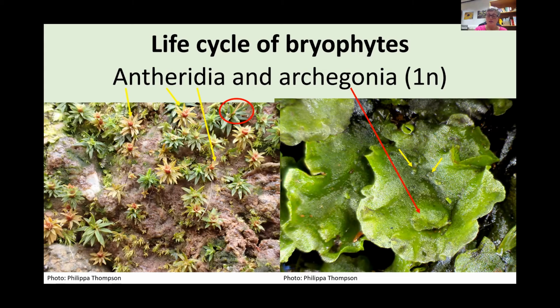The little bumps further down the same thallus, which the yellow arrows point to, are like little volcanoes, and inside them they have the antheridia. So because both antheridia and archegonia are on the same thallus, that plant is monoicous.